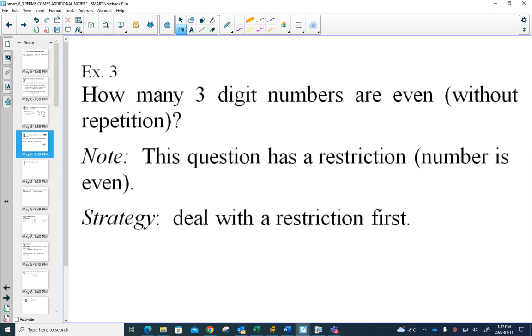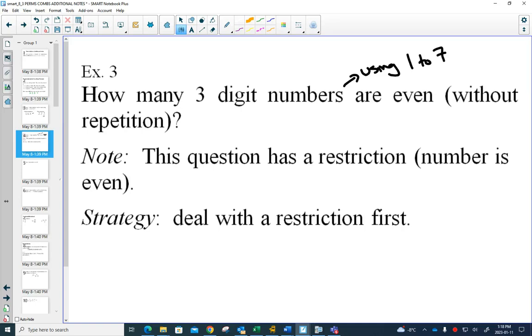For example 3, we are going to stay with using just the numbers 1 to 7. And we're now going to think about even numbers. And this is something the textbook didn't look at. What would happen if you've got a spaces question where you have decisions to make, but one of the spaces has a restriction on it?